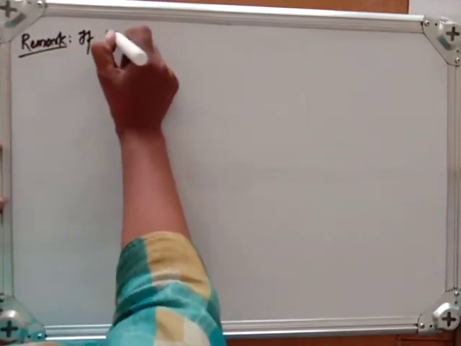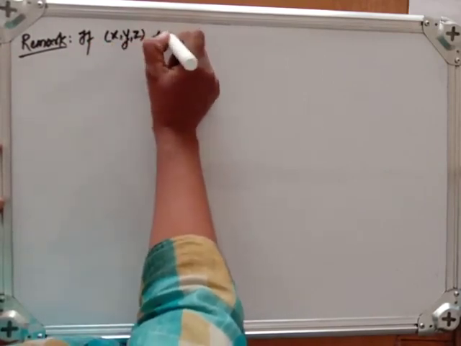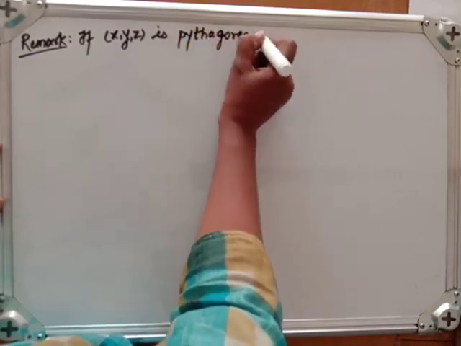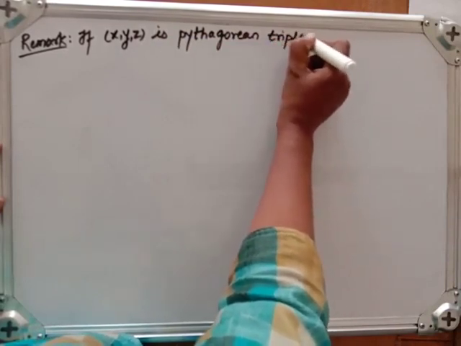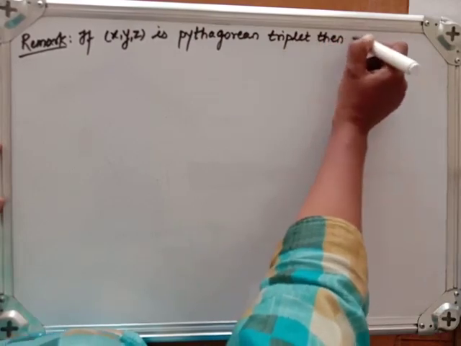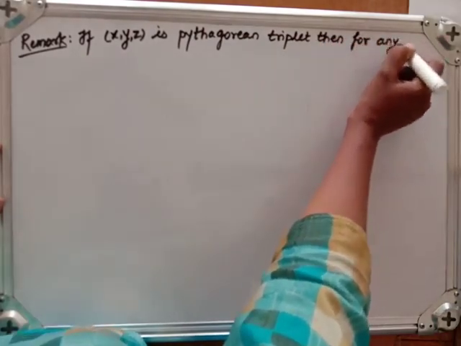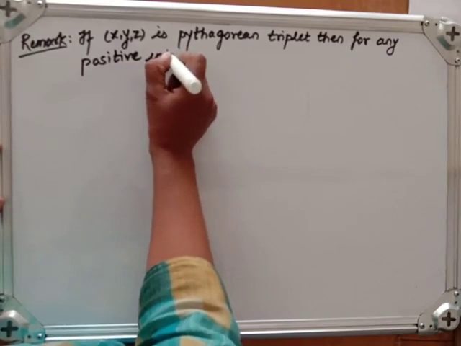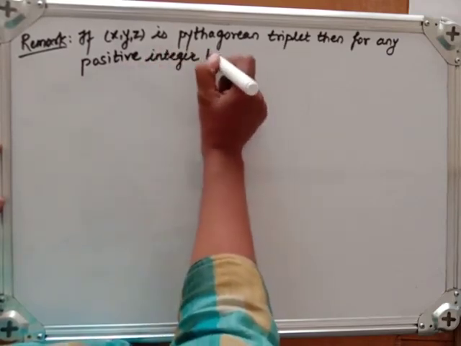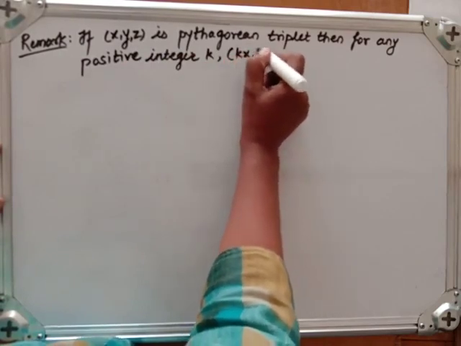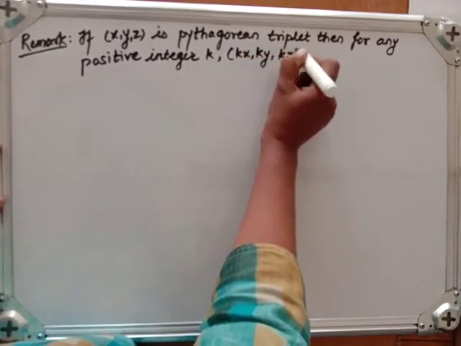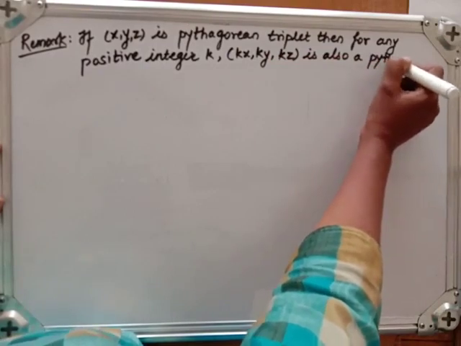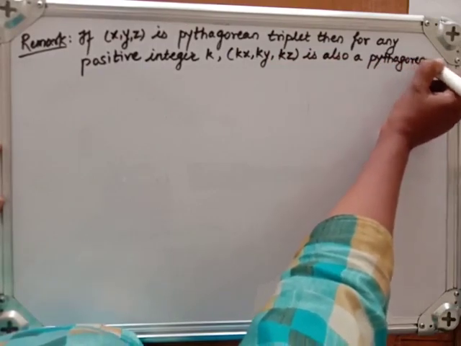If (x, y, z) is a Pythagorean triplet, then for any positive integer k, (kx, ky, kz) is also a Pythagorean triplet.